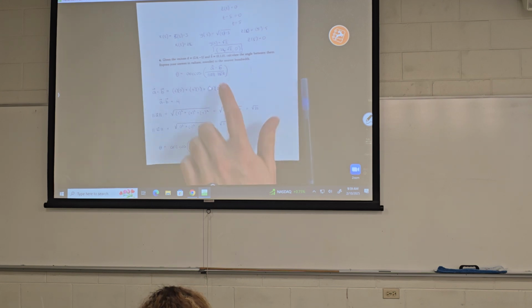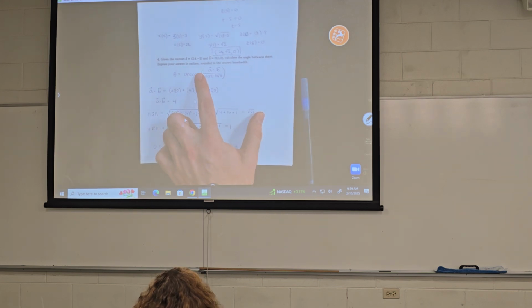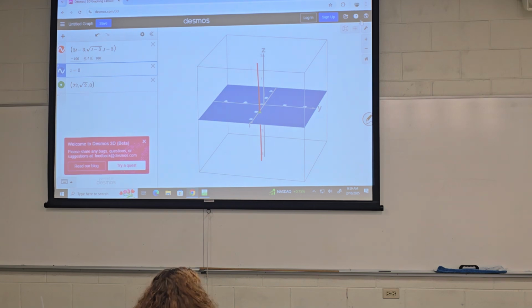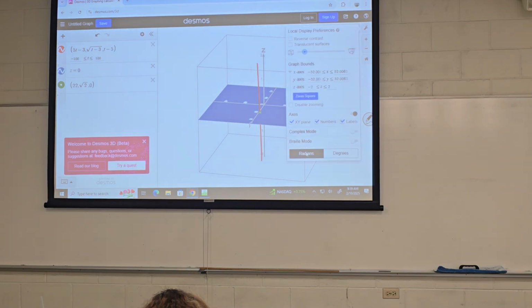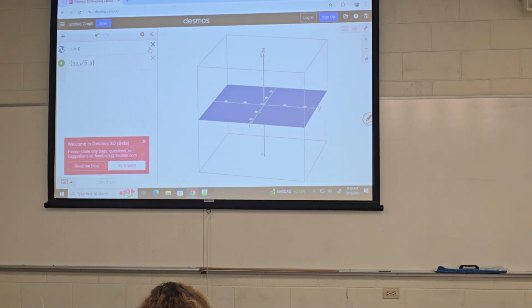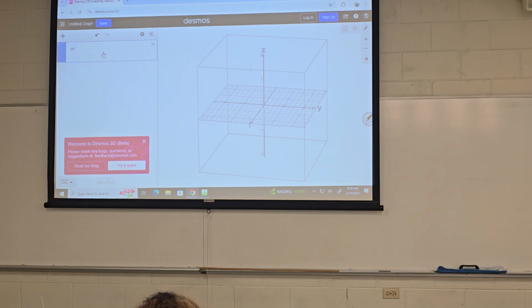Reading the problem one more time, it does say answer in radians. So I want to make sure that whatever calculator I have is in radian mode. I'm in degree mode. Arc cosine of that, 0.5.